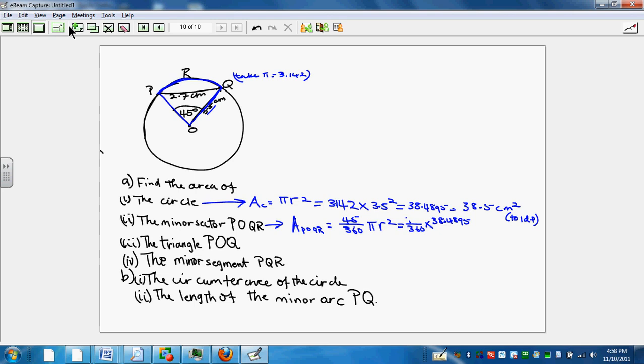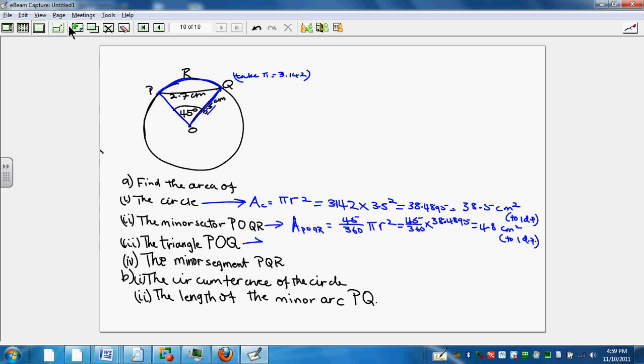Thank you. So that's 45 over 360 by 38.4895. If we calculate that, we'll get a much more accurate answer than if we had used the 38.5 rounded off. Once you calculate that and round it off to one decimal place, you'll get 4.8 cm squared. So I write 4.8 cm squared, again to one decimal place. So that will be for the minor sector POQR.